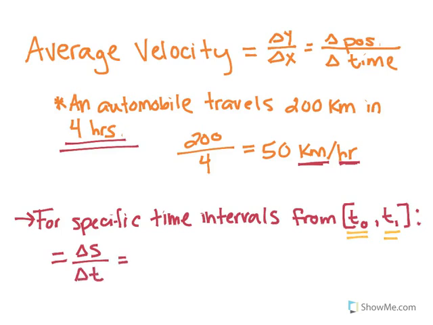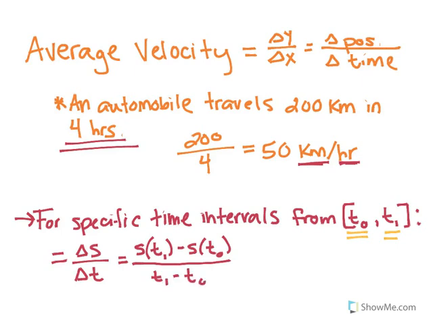And if we ever want to plug this into a formula, the quick and short way of doing it is to take our formula, which will have an S equals value. We'll have S of T1 minus S of T naught, just like your slope formula, just like average velocity, and that's going to be over T1 minus T naught.